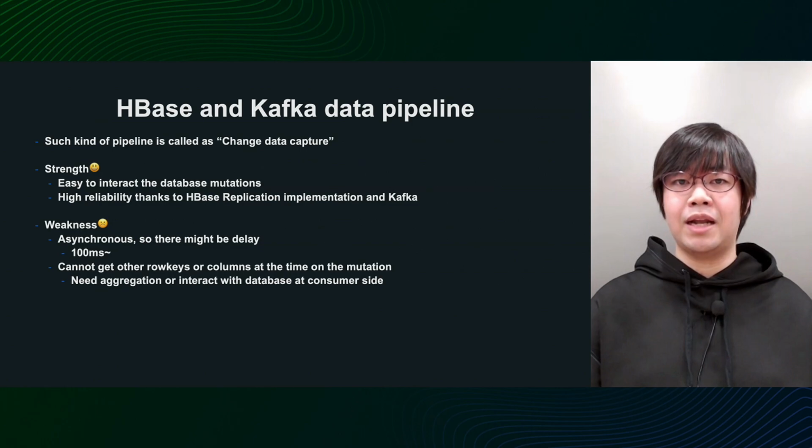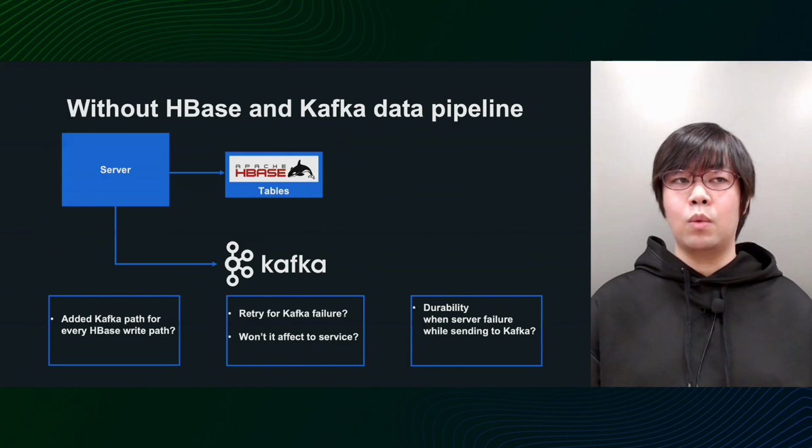On the other hand, the points to be careful about are that because the process is done asynchronously, there's always a possibility of delays. And at the timing when changes take place, in order to access other data or columns, aggregation may be needed on the consumer side, or there is a need to access a database as needed.